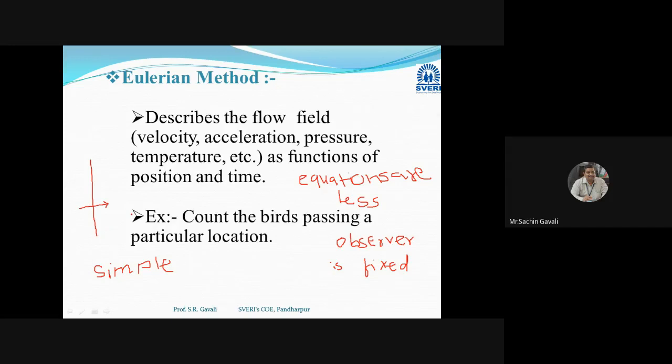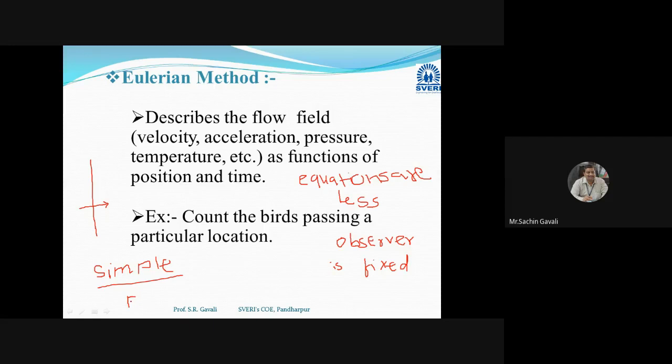But this method is very simple and involves fewer equations, and the results are nearly as good as Lagrangian. So this is also considered accurate, but Lagrangian is more accurate. As Lagrangian is very complex and the Eulerian method has fewer equations, this is simple, and henceforth this method is used for fluid flow analysis.